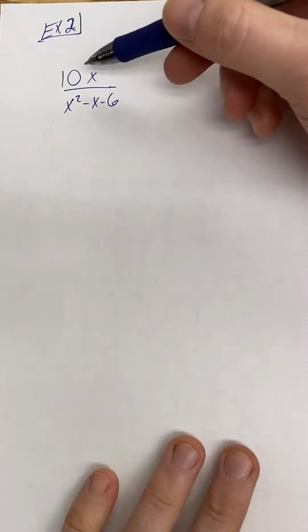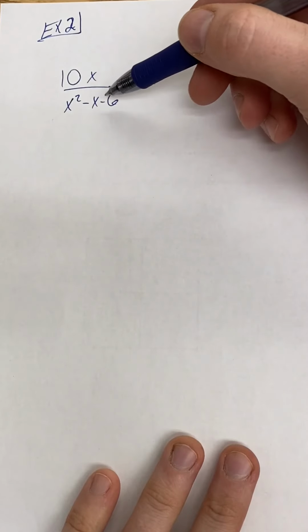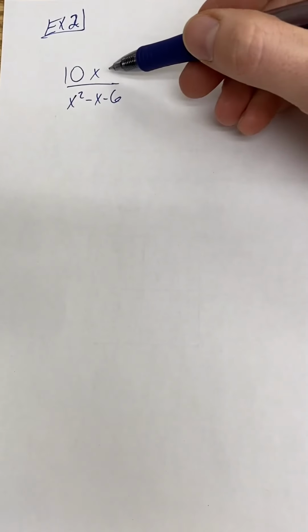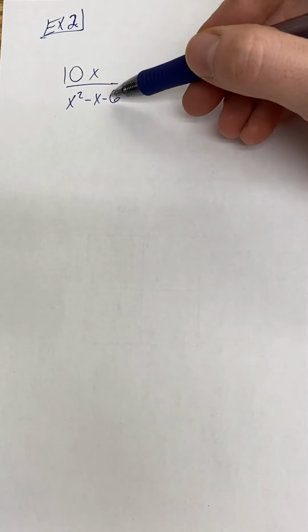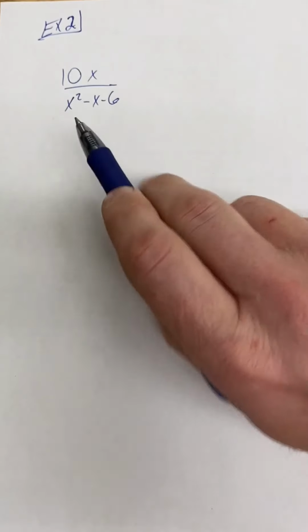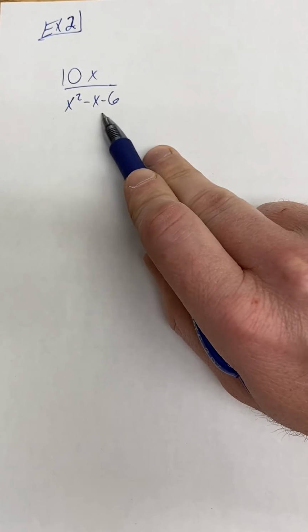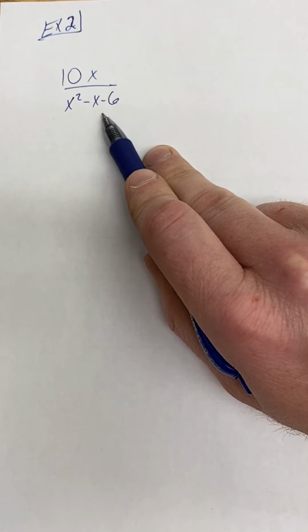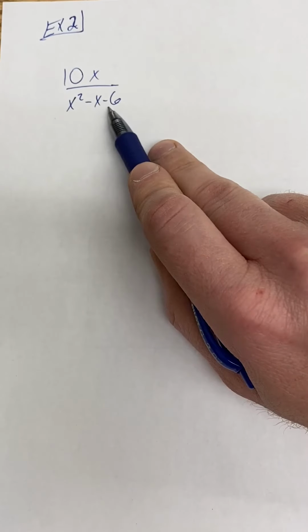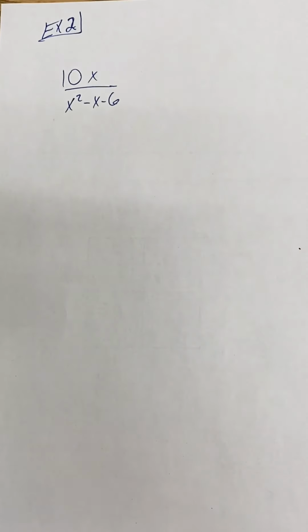In example 2, we've got 10x over x squared minus x minus 6. If this is improper, I need to divide the top by the bottom, but it's not improper, so we're good there. The next piece is going to be to break up this denominator into its factors, because if this was made out of two fractions added together, then their common denominator would have been this denominator right here.